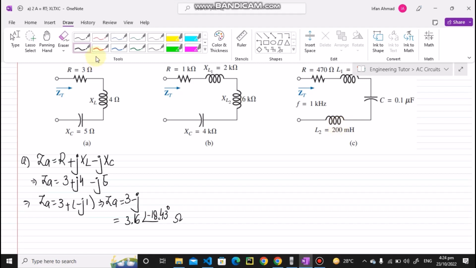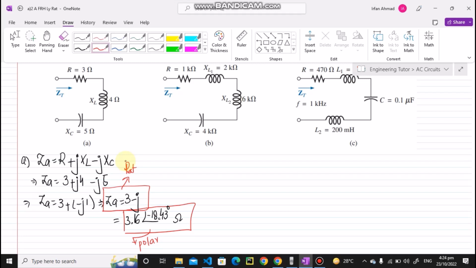Okay, so from it you can very clearly see that this is basically the rectangular form, while this one is the polar form. And you can very easily see that this circuit is composed of the capacitor and inductor as well, but the nature of this circuit will be capacitive.